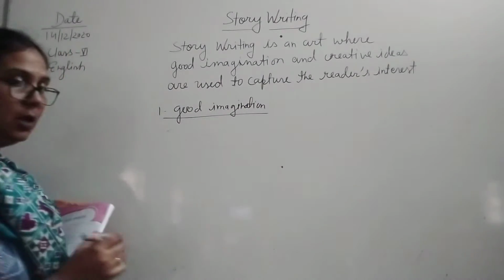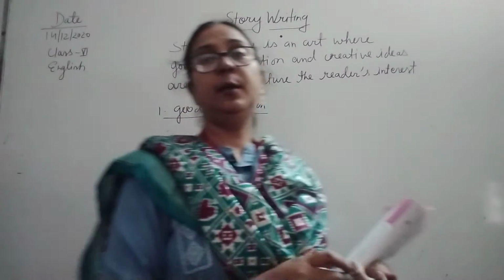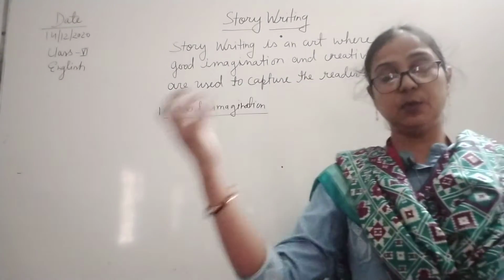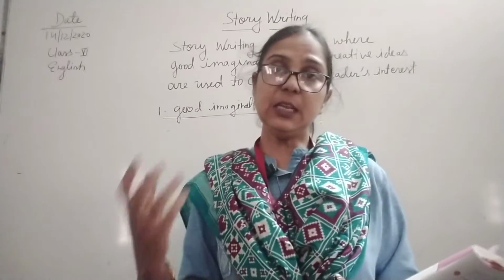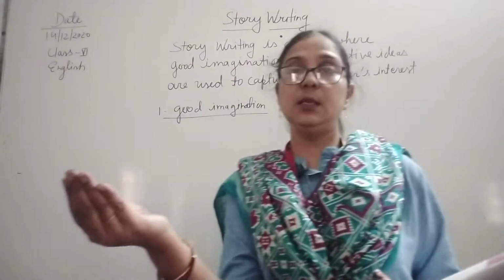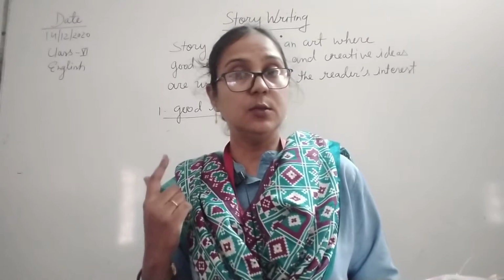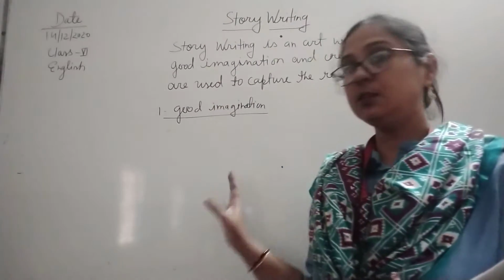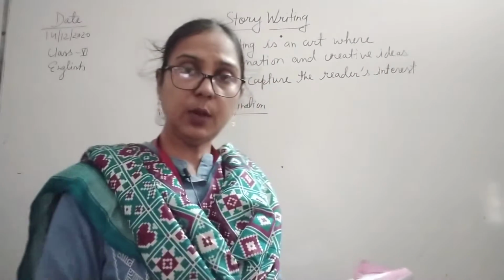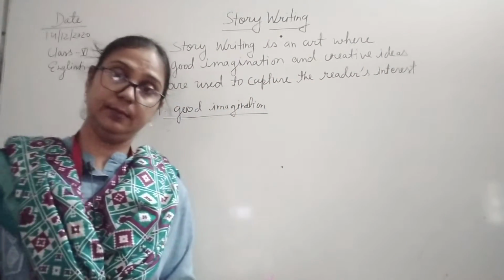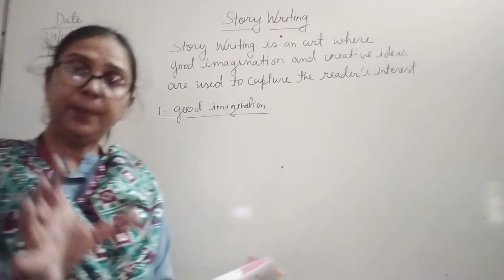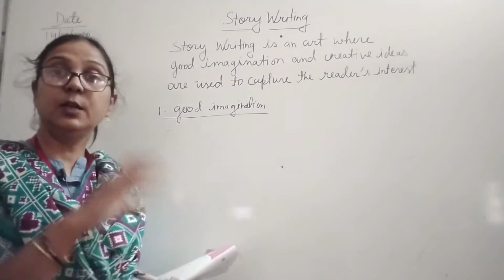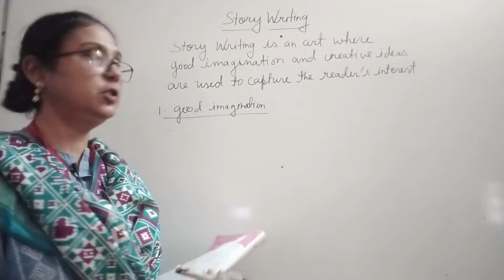If you are living in an imaginary world, if you have seen some facts from society, if you have seen some beautiful things from nature, then you can imagine in your own words and create a story about that. A story always needs a topic. It means the topic or title must be there.